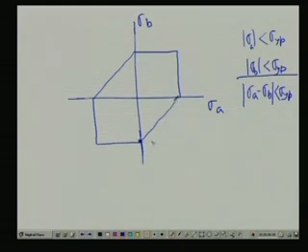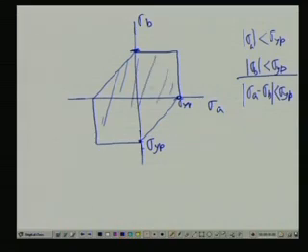This is your sigma yield point. This point is bounded by all the points like this. So, any stress values bounded within this zone are safe stresses.